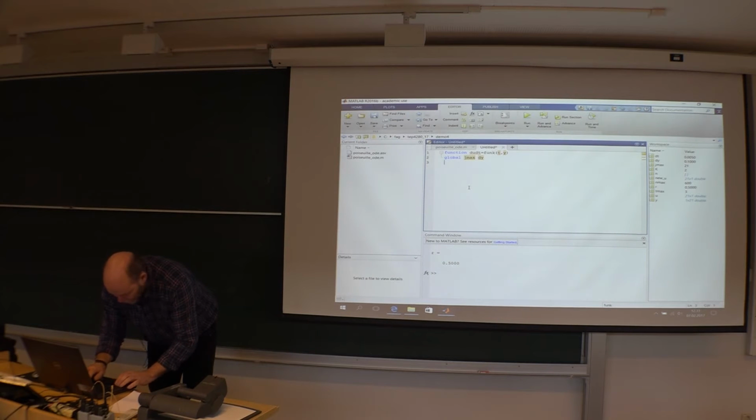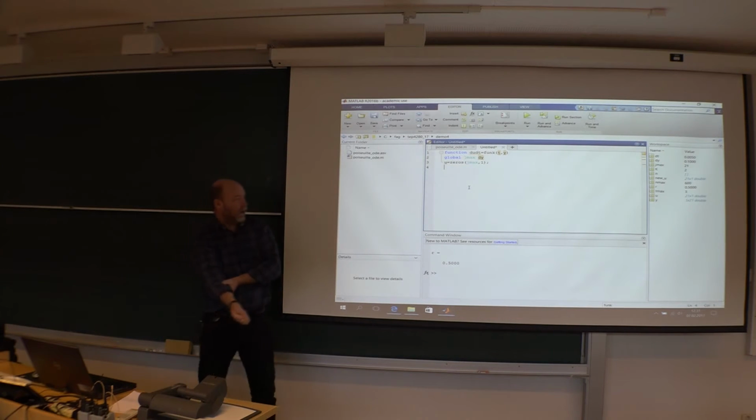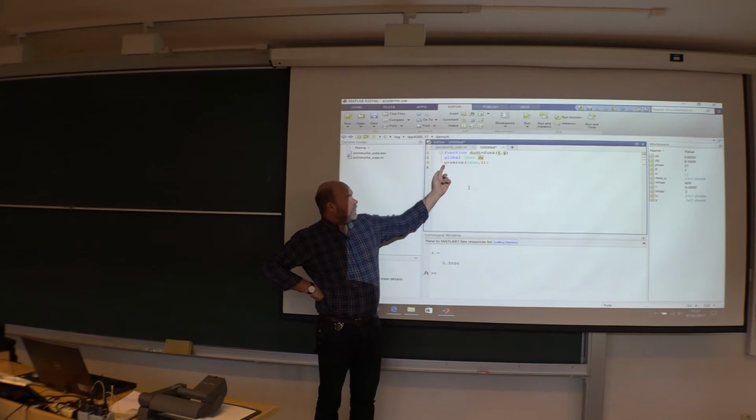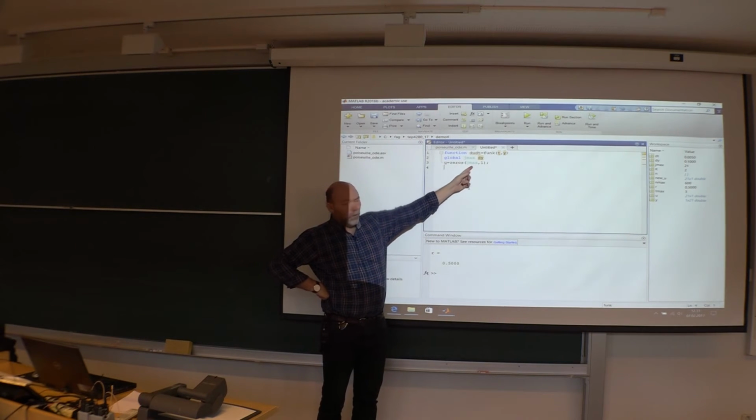Then again I give a zero vector here, j max by 1, like that. I do this because now I start everything equal to 0 for all of them, also the first and the last. That's including the boundary conditions. That's important here.